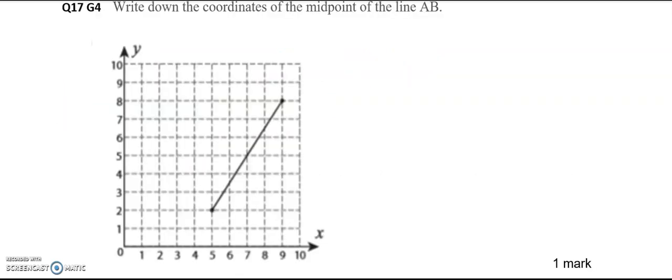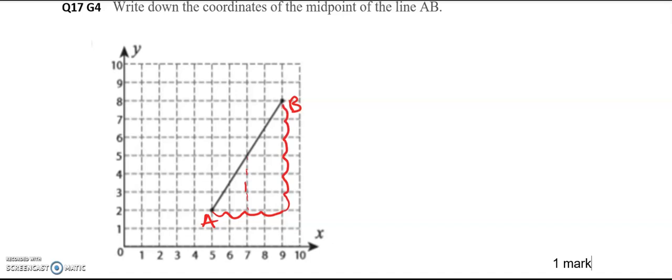We have to write down the coordinates of the midpoint of the line AB. So there is the line AB. To get from A to B, we moved 1, 2, 3, 4 squares to the right. So we'll go halfway through this, which is 2. And we've gone 1, 2, 3, 4, 5, 6 squares up.